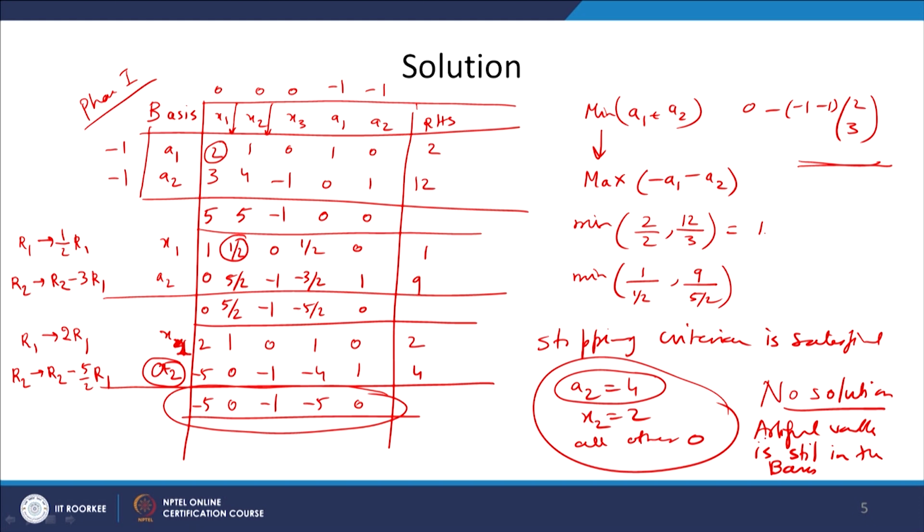So, I hope you remember that this is the condition where we had specified that if the artificial variable is still in the basis, but the stopping criteria has been satisfied, then this is an indication that the problem has no feasible solution.